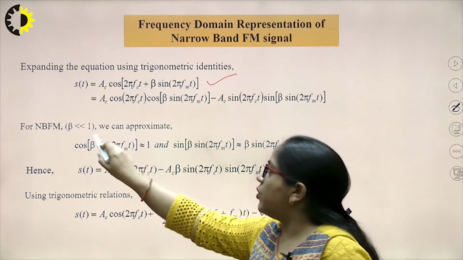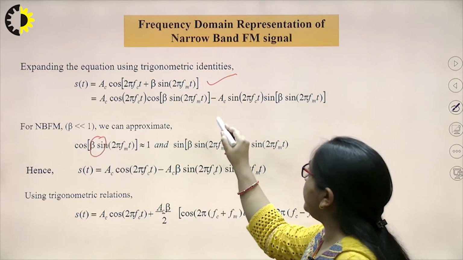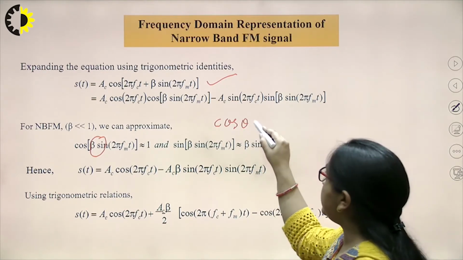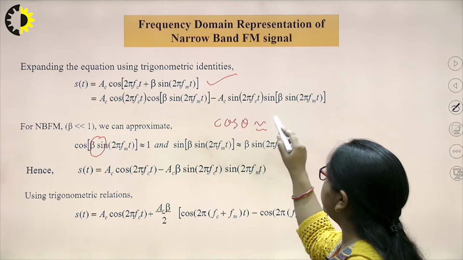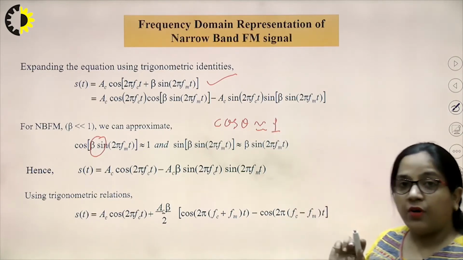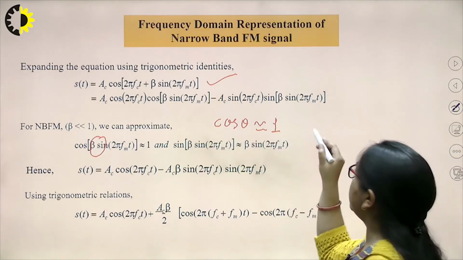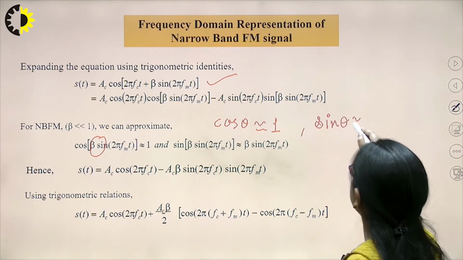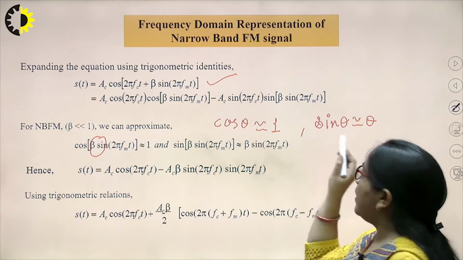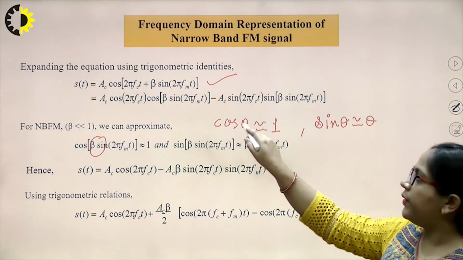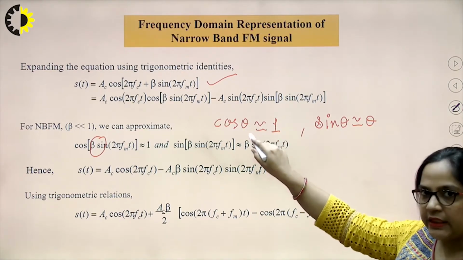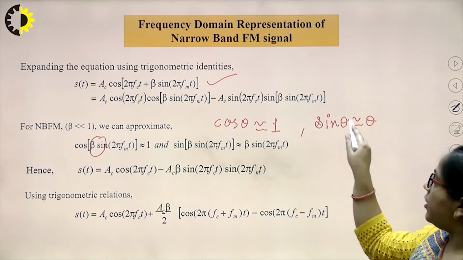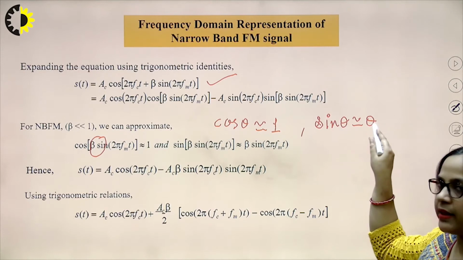We know that for a smaller value of angle theta, cos theta can be approximated as 1, while for a smaller value of angle theta, sin theta can be approximated as theta.